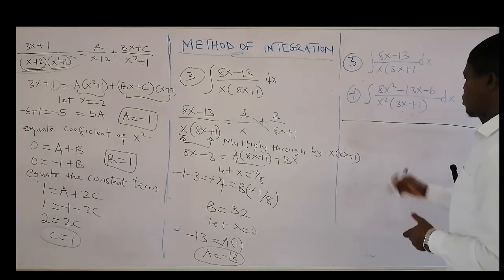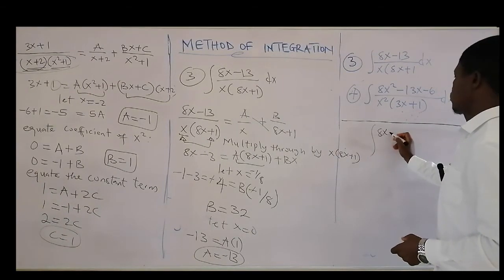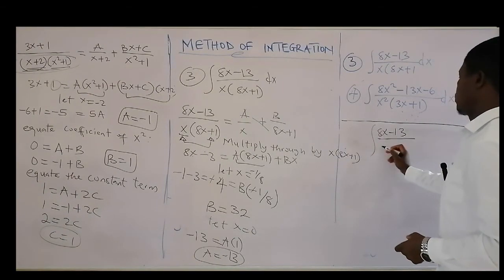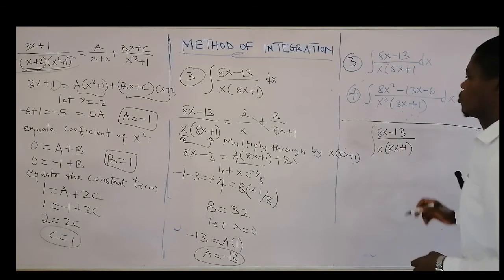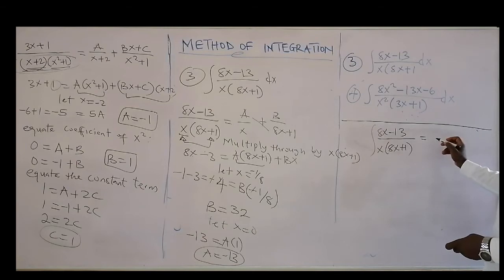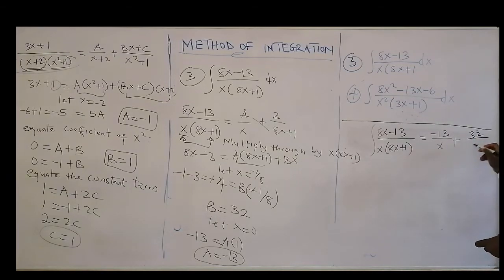Okay. Equal to the integral of the question 8x minus 13 all over x into bracket 8x plus 1 be equal to, my A is what? Minus 13 over x, and my B is 32 over 8x plus 1.